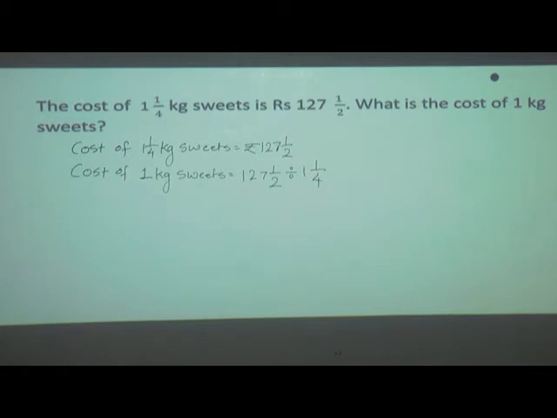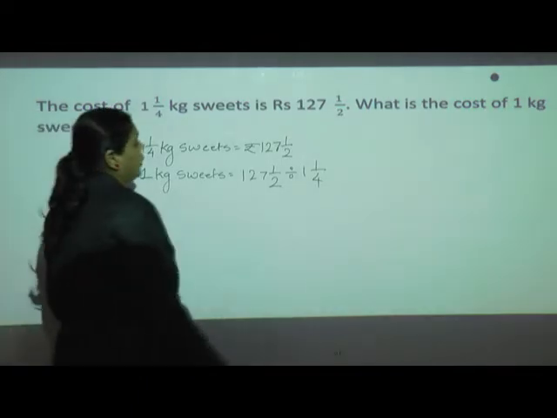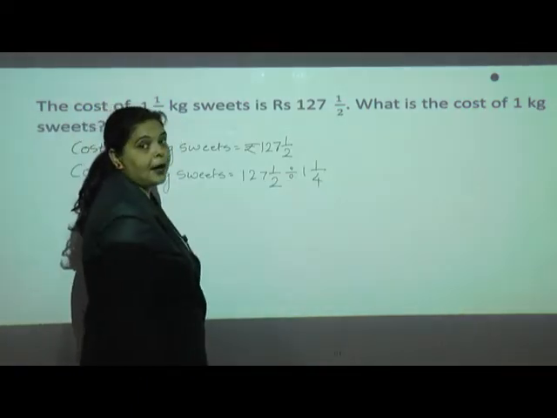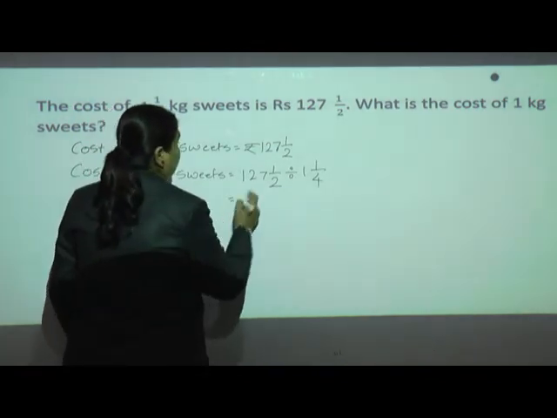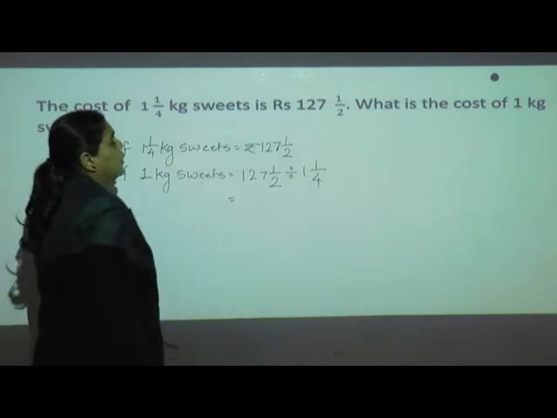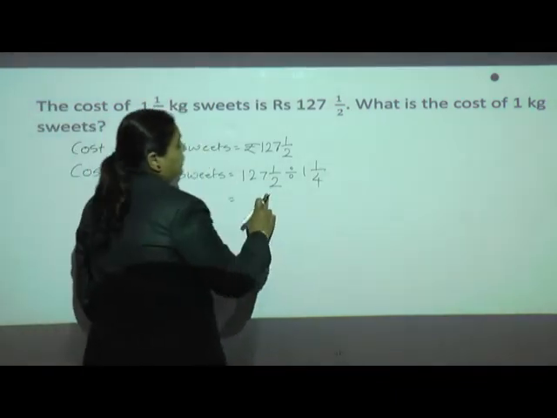Now you know very well, you know the division, what type of division we are doing. First we have a division of fractions. Here we have a mixed fraction which is divided by another mixed fraction. So we have to first make the fractions into improper form, then we will change the division sign to multiplication and take the reciprocal. First we will make it into improper form. Here I will show you, because we have a large number.